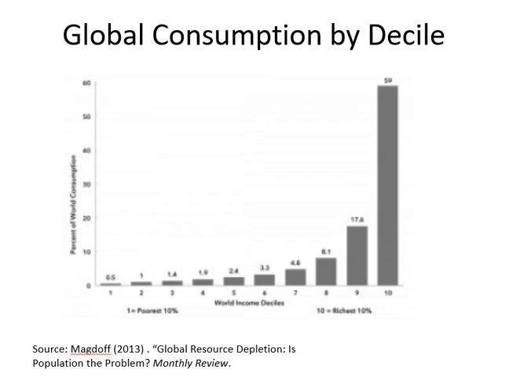All this discussion of global political economy really needs to be put in perspective by thinking about the extent to which there are global injustices and global inequalities. This graph was taken from Magdoff's 2013 article, Global Resource Depletion, and it's an examination of global consumption by decile.